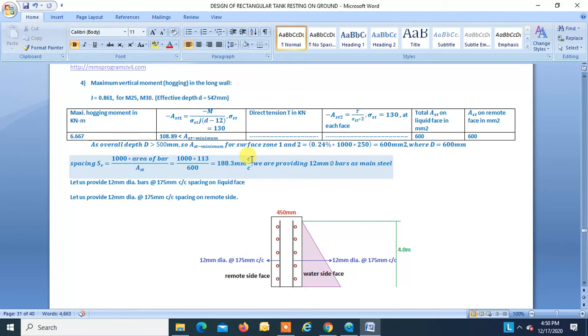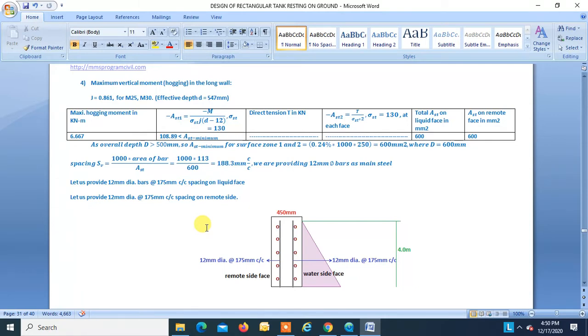Now, as I explained earlier in part 1, the spacing should be reduced in case of water tanks, because lesser the spacing between the bars, smaller will be the crack width. So we don't want our spacing larger than 150 mm, or you can say 175 mm.